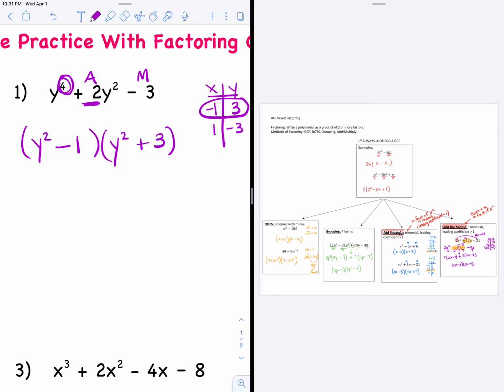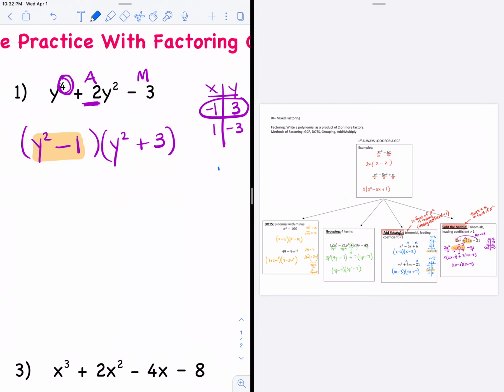Now, usually this meant we were finished at this point, but after doing factoring completely, you're now going to have to look and see, could either of these two factors still be factored? And when you look here at y squared minus 1, you need to recognize that this is still a difference of two perfect squares.